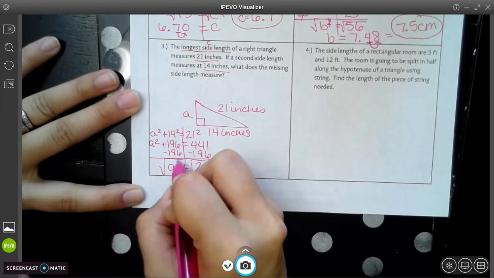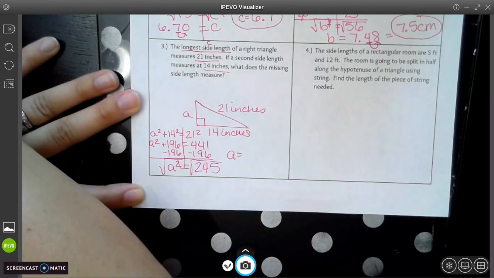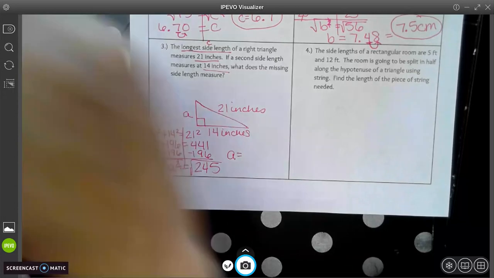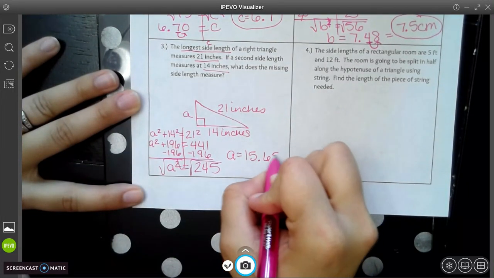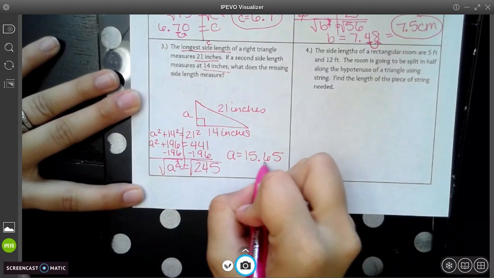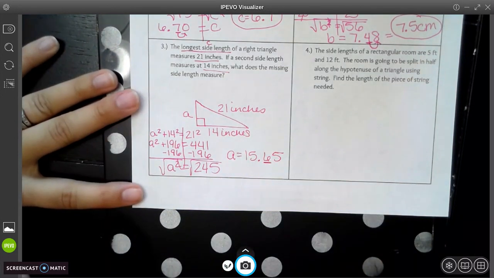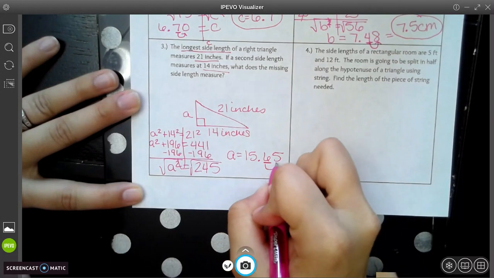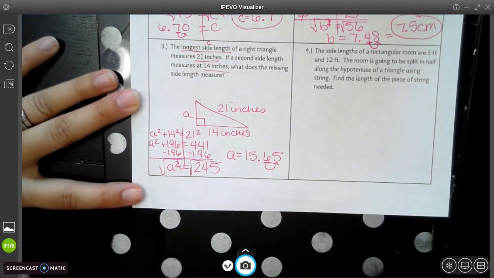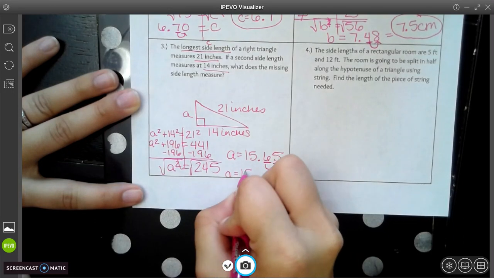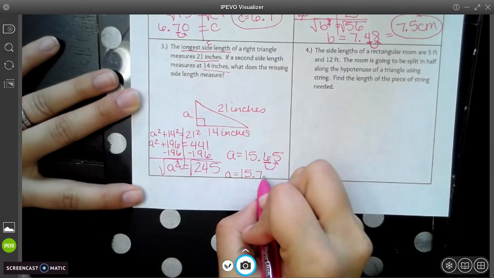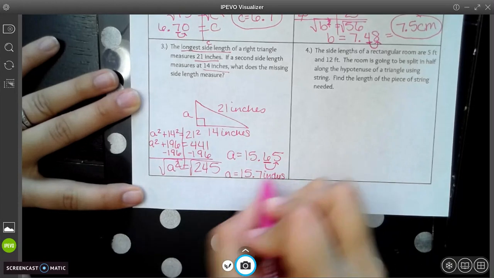Square root both sides. So we have a equals 15.65. So the 6 is in the tenths place. We're going to need to decide whether or not to leave this 6 a 6 or round it up to 7. So if we look at the hundredths place, that 5 tells us to round up. So our final answer is going to be 15.7 inches.